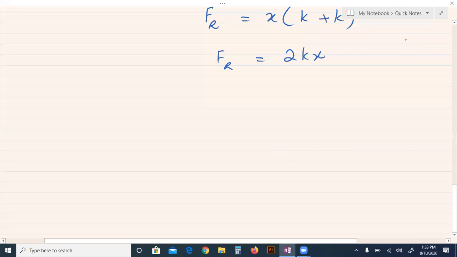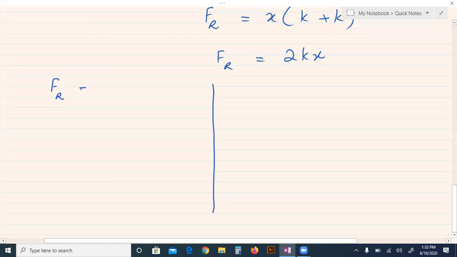Now we have two situations. One, the resultant force is (K1 plus K2) X, and the other, the resultant force is 2kx: non-identical and identical.